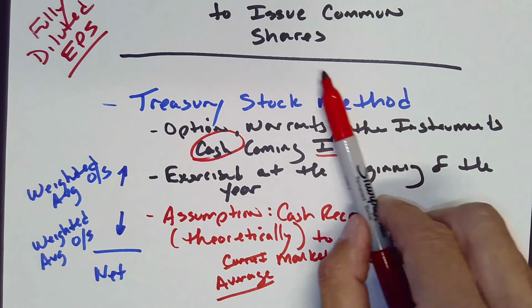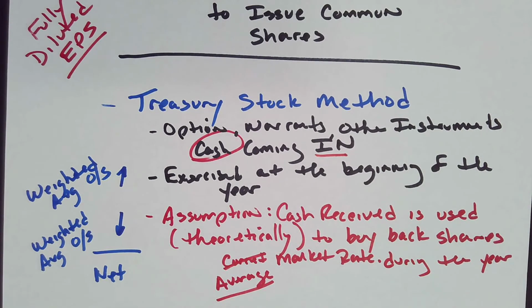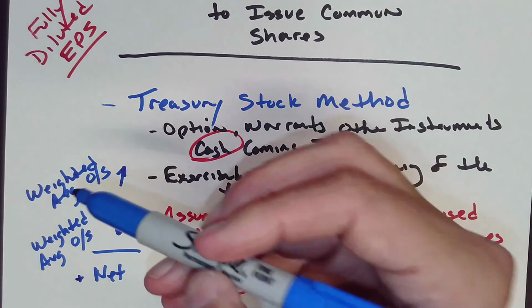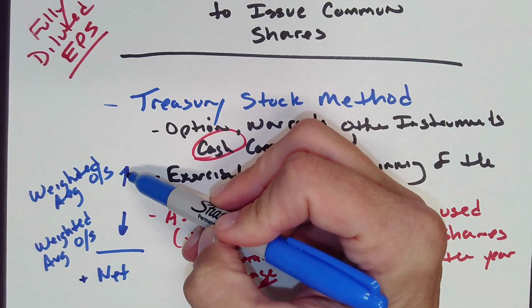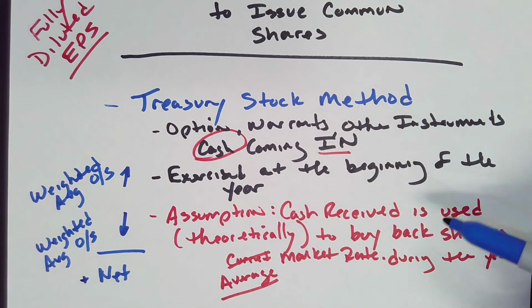But this is just basically the trend. We'll talk a little bit more about that, what happens if the net is negative. Right now we're assuming the net of this is positive, that I would have theoretically issued more shares than I would have had to buy back.